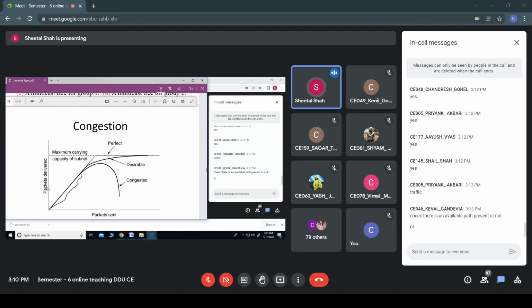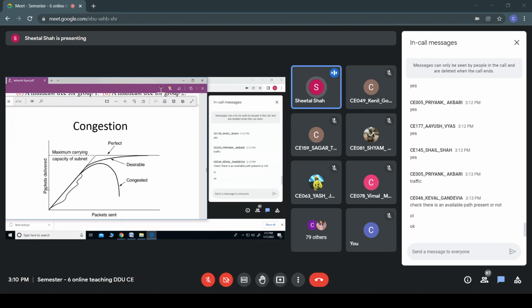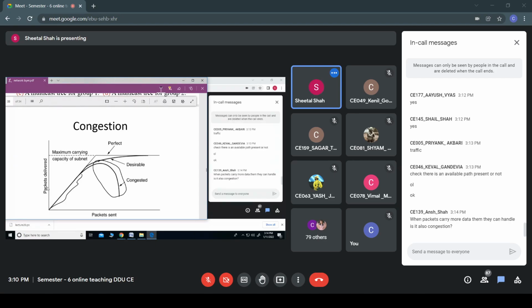Congestion refers to if the packets are too many, and the performance of the network degrades because the packets are not delivered to the host reliably, or some of the packets might be lost, or the packets may time out and not reach the host. So there are various factors for this congestion.